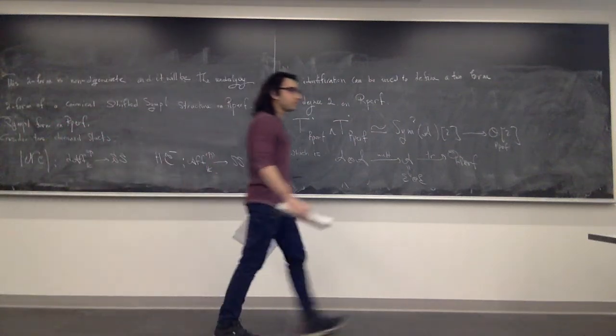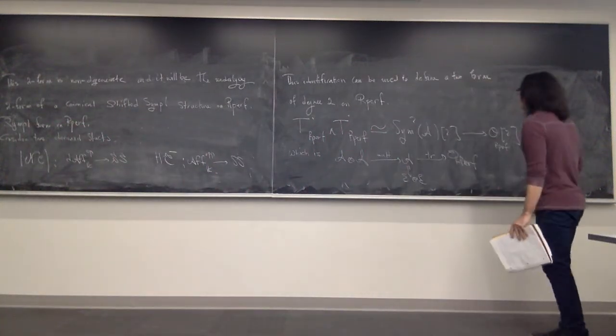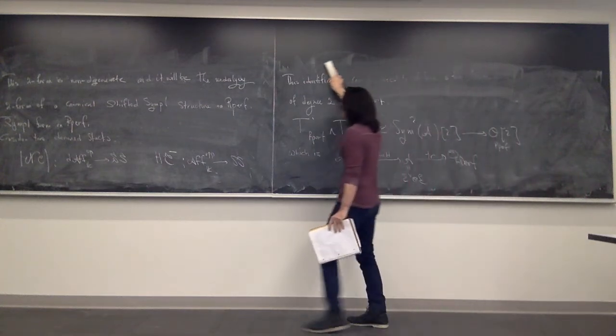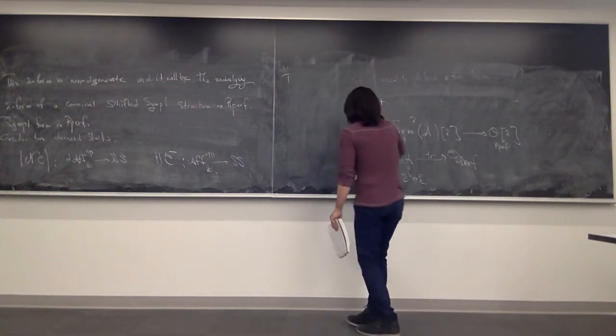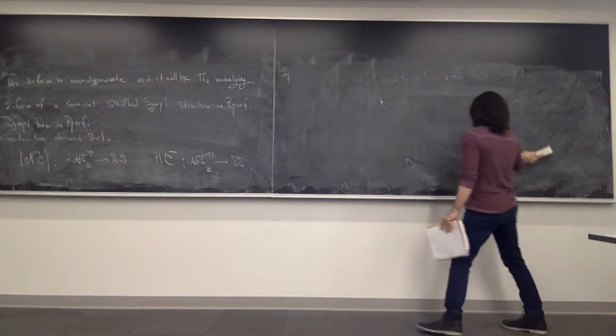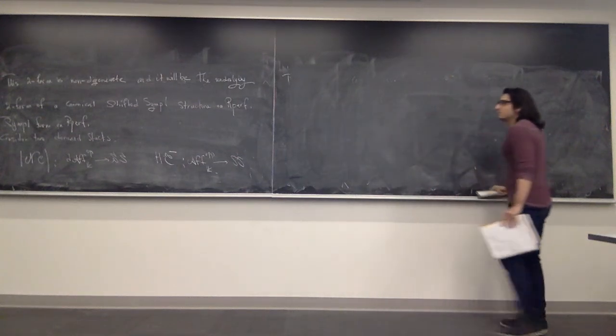So these are cyclic complexes and the negative cyclic complexes, which we had defined before. Let me tell you as functors what these do.